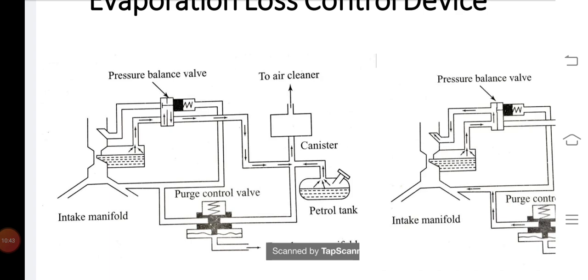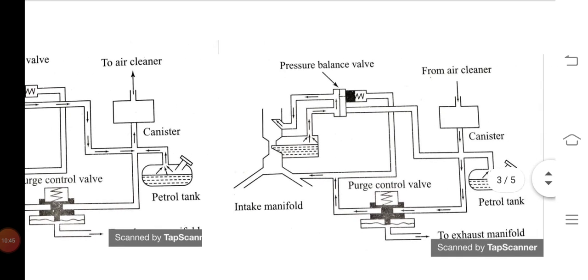And when we start the vehicle, then what will happen? These pressure balance valves and the purge control valves will be open, and in that case the saturated vapors or the fuels from that canister can be drawn and sent back to the intake manifold. Okay, you can see from that picture.